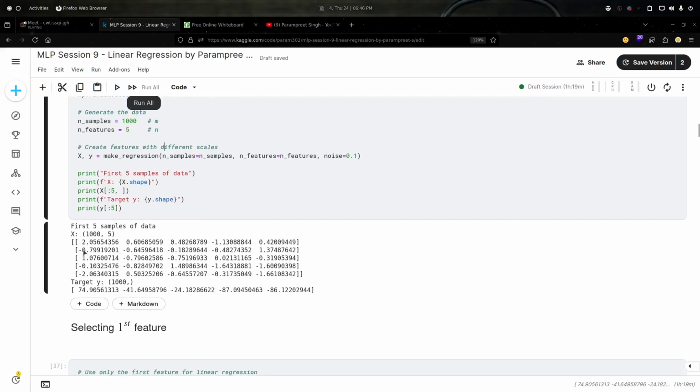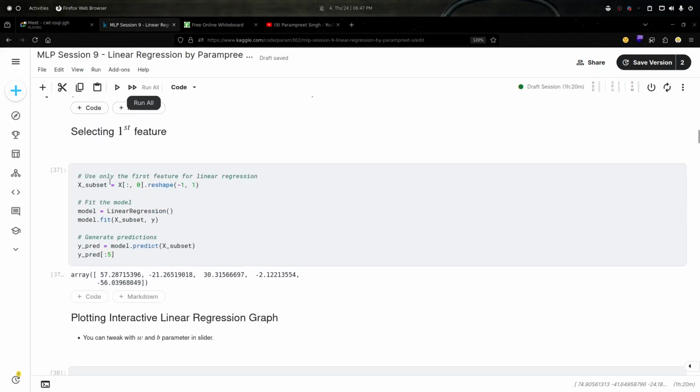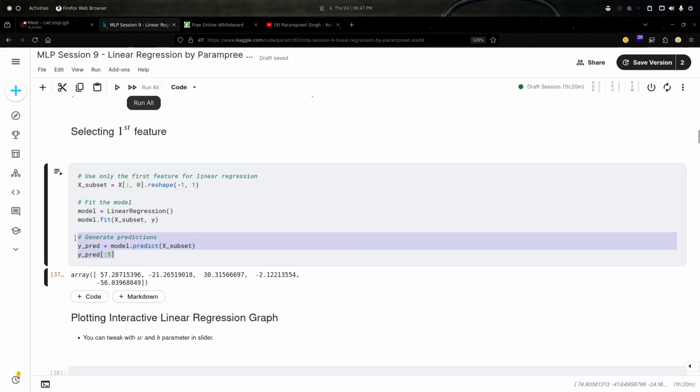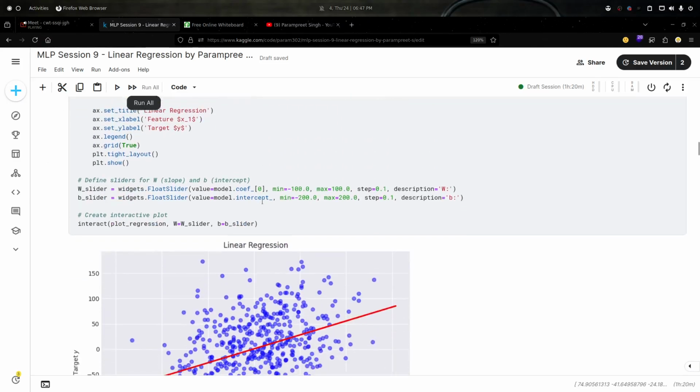These are the first 5 samples of our x, and these are the first 5 samples of our y, which is the target label. Then we select only the first feature, create the model and train the linear regression model on it. We are doing the predictions on the actual training dataset only. We are not creating any kind of validation dataset, and then we plot it here.